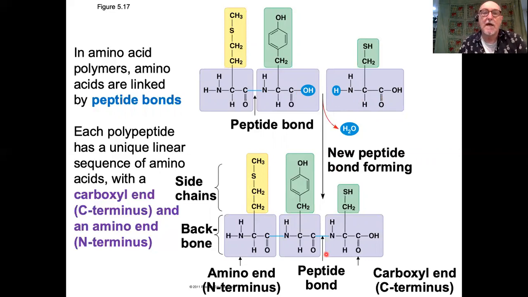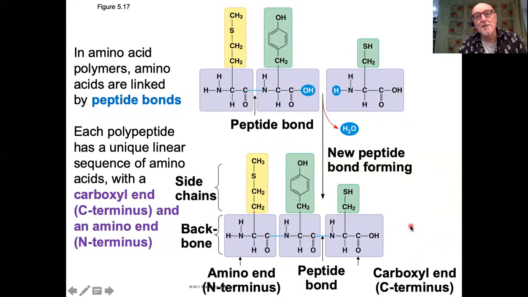And you'll notice that this little short polypeptide is not symmetrical. It has an amino group on that end, and it has a carboxyl group there. Whenever we add another amino acid, we're going to add it here. We can't add it there. So the chain will grow in that direction if it grows at all.